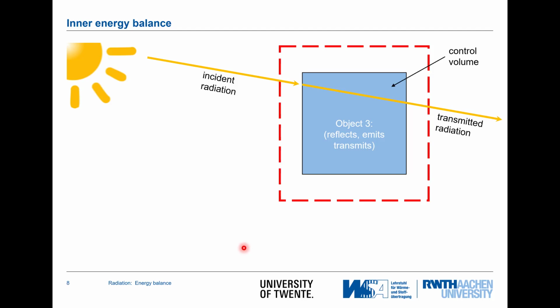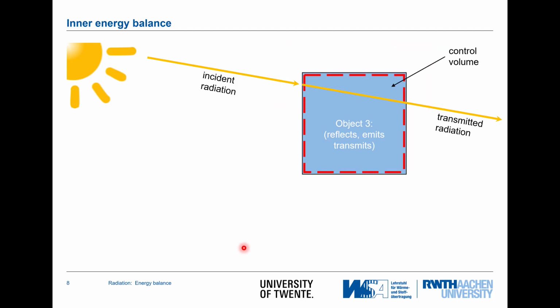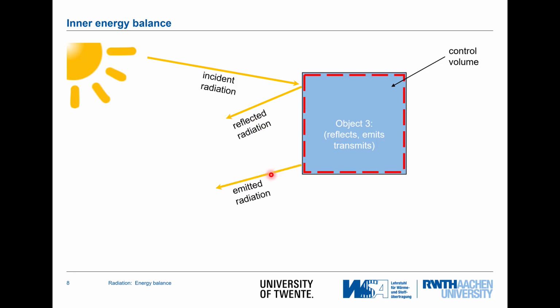Now let's move forward to look at an inner energy balance. Here we draw the incident radiation, transmitted and reflected radiation. Well, the transmitted doesn't play a role, and we will decide on the reflected in a second. Emission, of course, will be there.